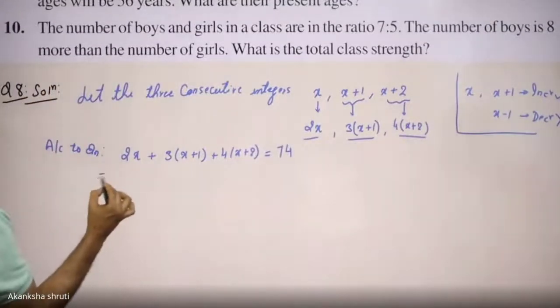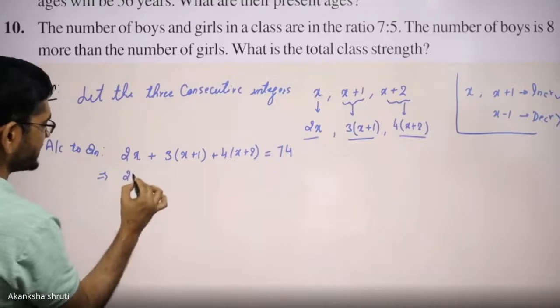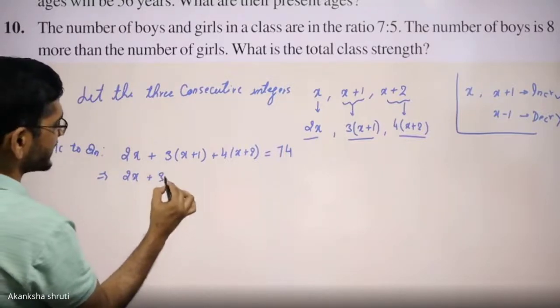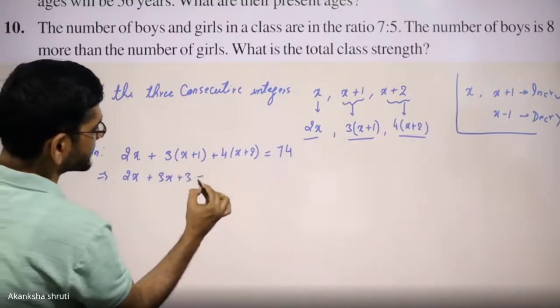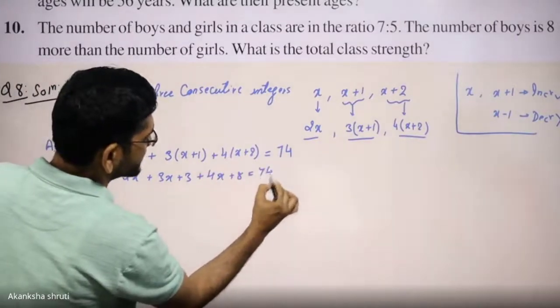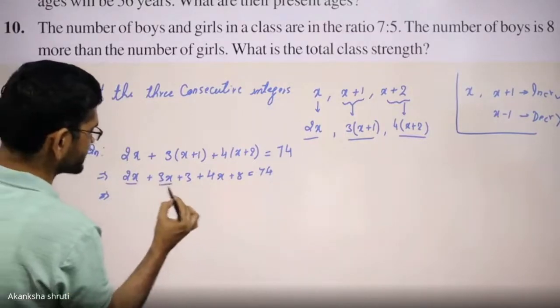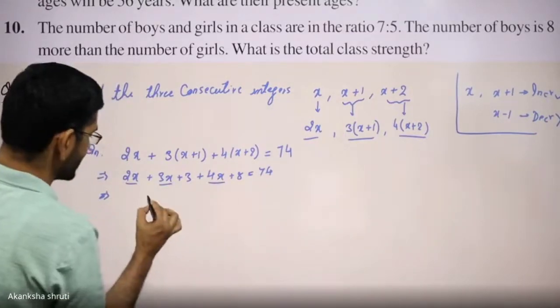Now go for simplifying this. These brackets are very important. So it is 2x plus 3x plus 3 plus 4x plus 8 equals 74. Go for collecting these x. 2x plus 3x is 5x, plus 4x is 9x.